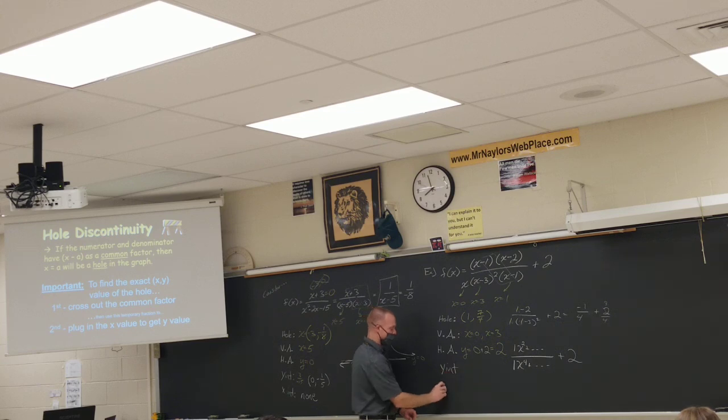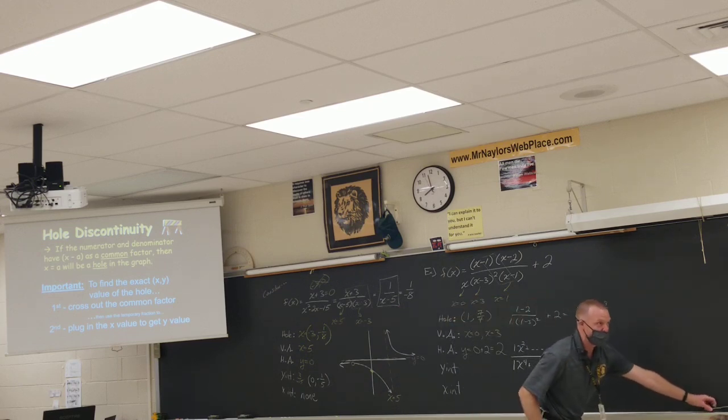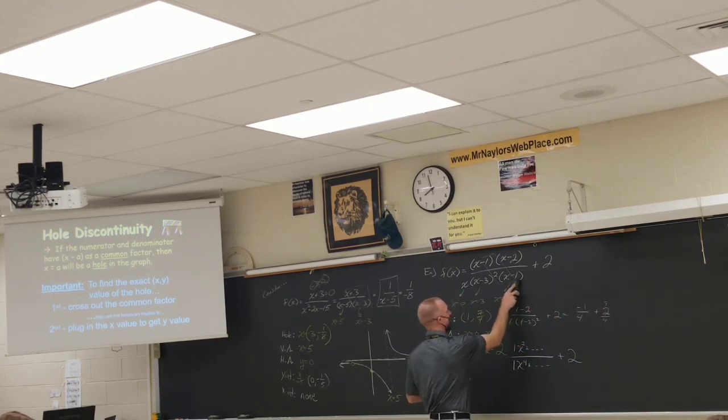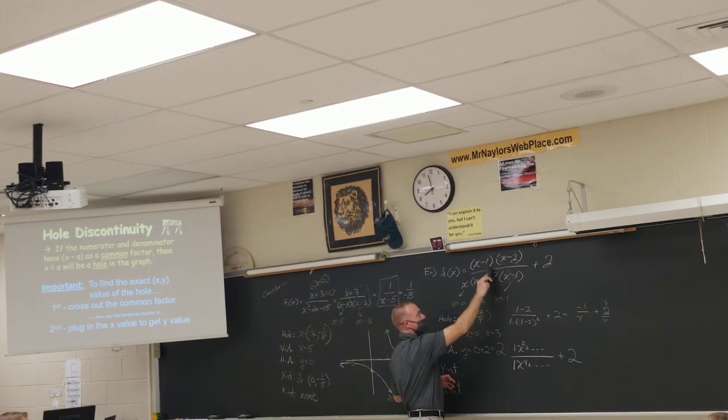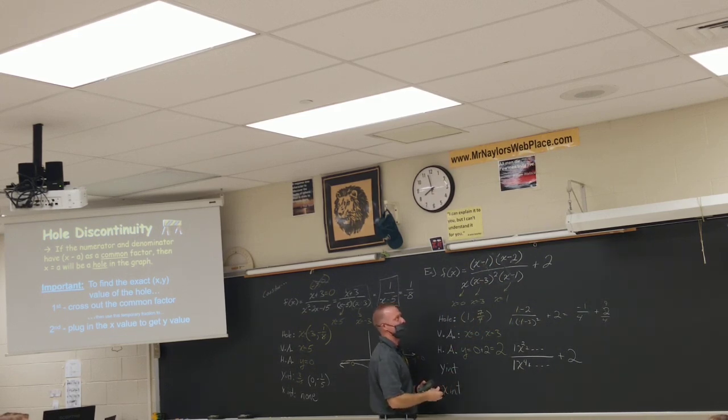All right, x and y intercepts. Probably going to be helpful to go back to the original equation before you crossed anything out and just plug in 0. But your eyes should say, wait a minute, if I plug a 0 in for all these x's, this one right here is going to be a bad place. I can't plug 0 in, so therefore I can't plug 0 into the equation. That means there's no y-intercept.